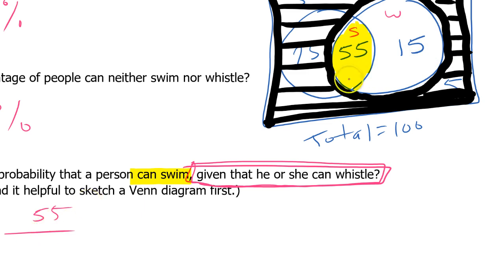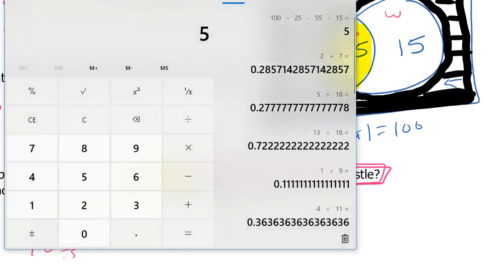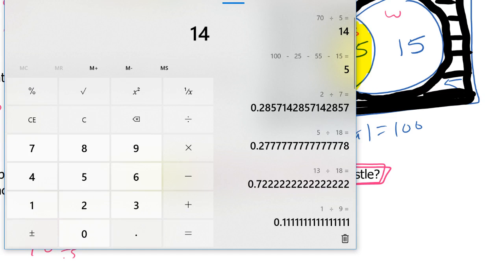So 55 out of the 70, target over total. Now let's reduce this by dividing both by 5. 55 divided by 5 is 11, and 70 divided by 5 is 14.